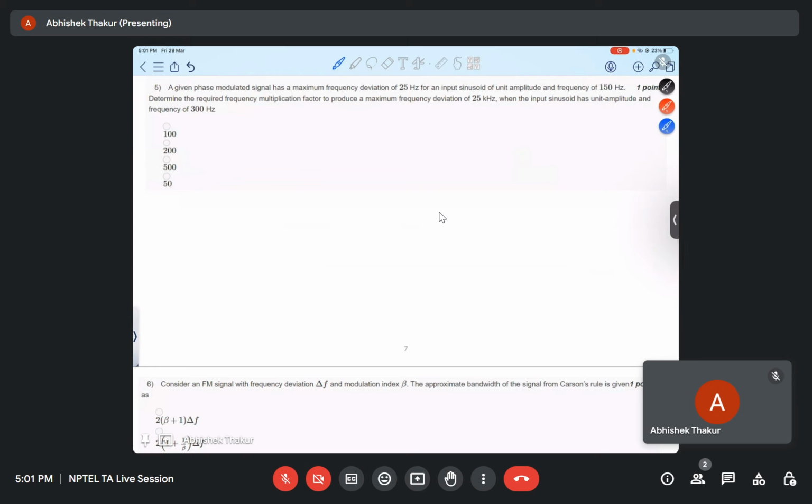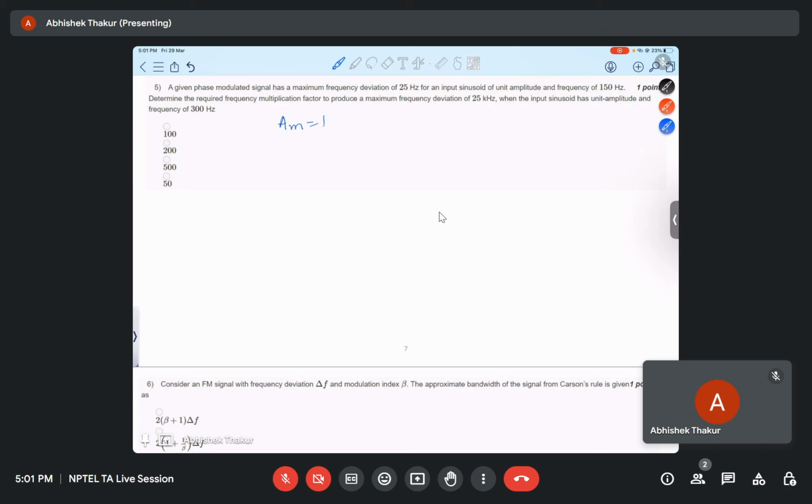A given phase modulated signal, now moving on to the next question, has a maximum frequency deviation of 25 Hz for an input sinusoid of unit amplitude, so Am is equal to 1.